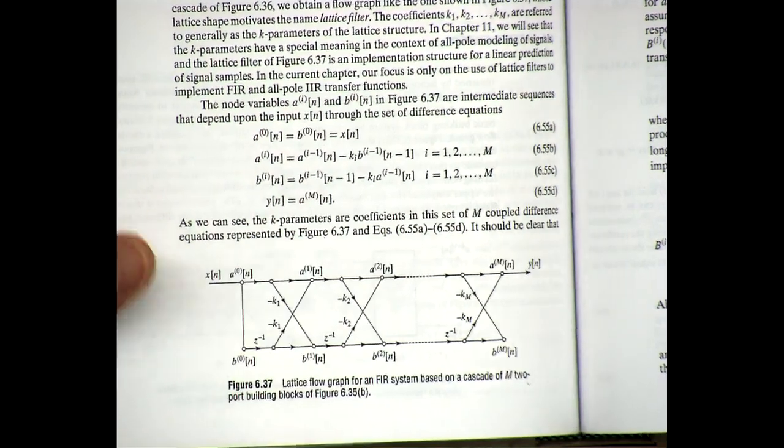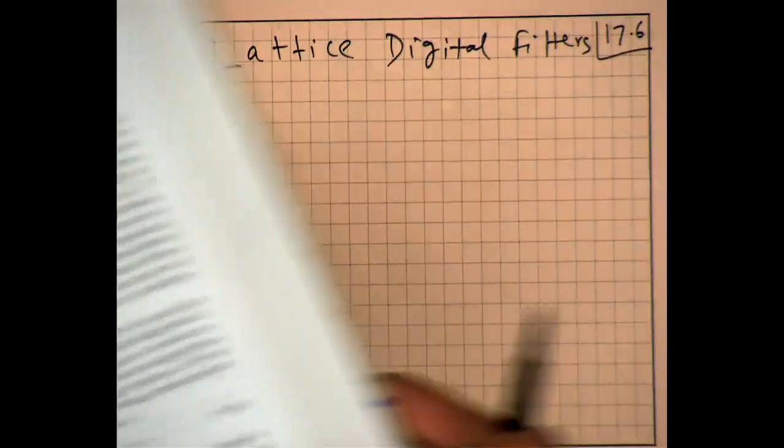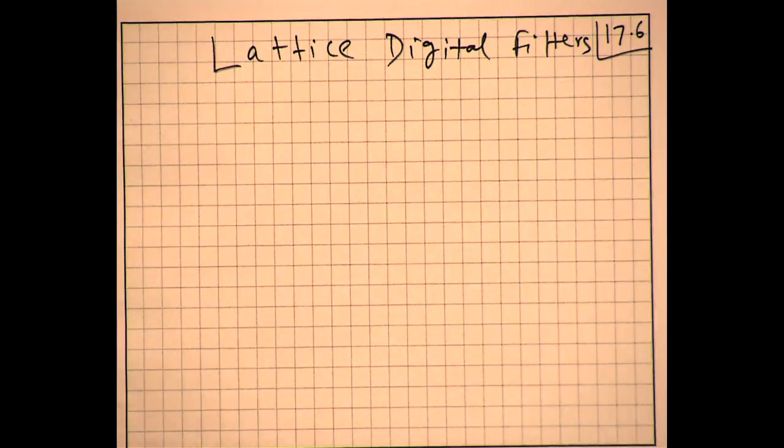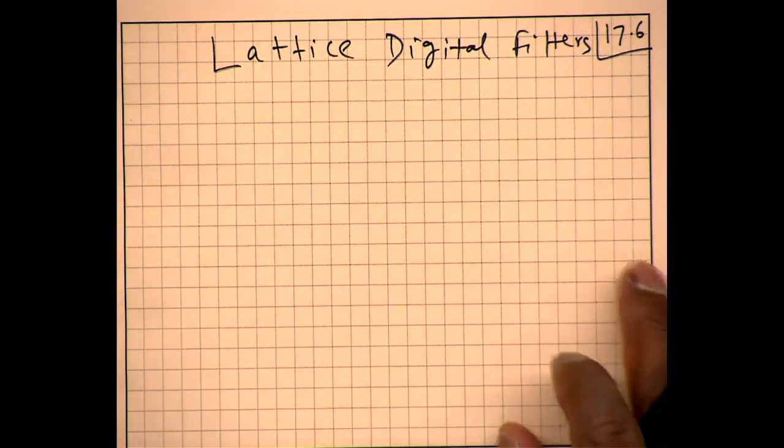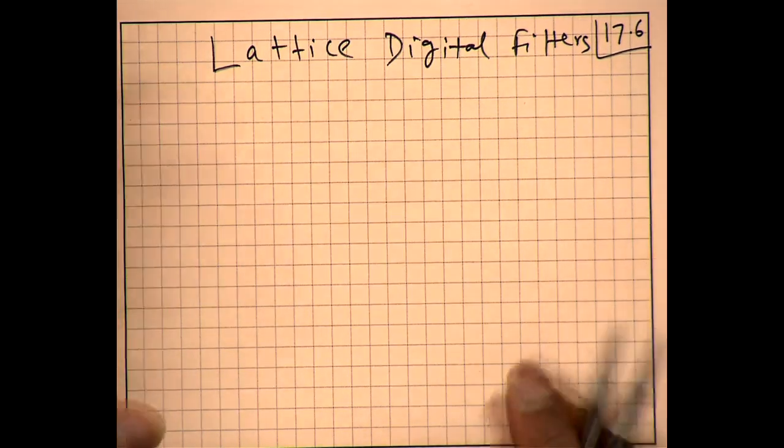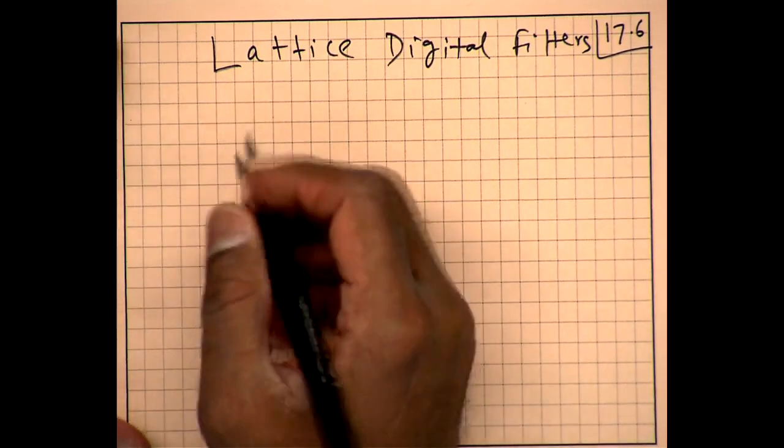So the lattice filters do incur about twice the overhead with respect to the number of multiplications, but nevertheless they have some desirable properties with respect to scaling and round-off noise. So let me go through the lattice digital filter.